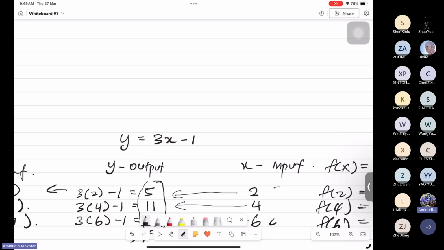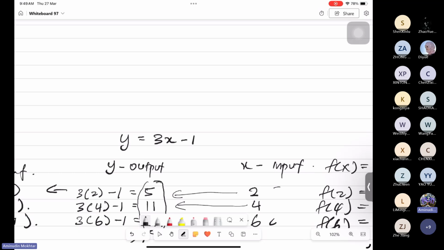In order to know the value of y, we need to decide what the value of x is. It's not just simply writing y equal to something blah blah blah, but we need to decide the value of x. What we can conclude here is that the value of y depends on the value of x.